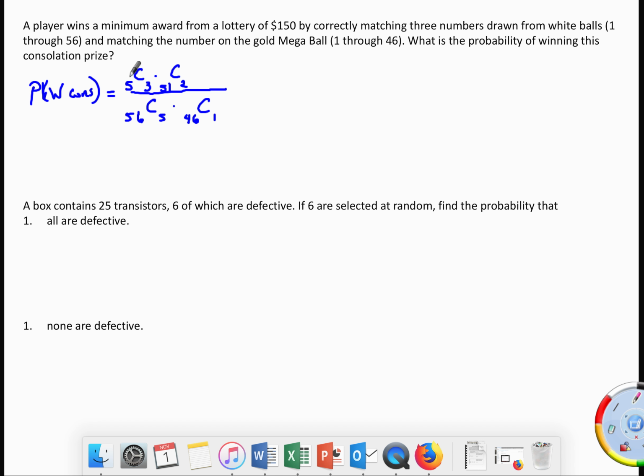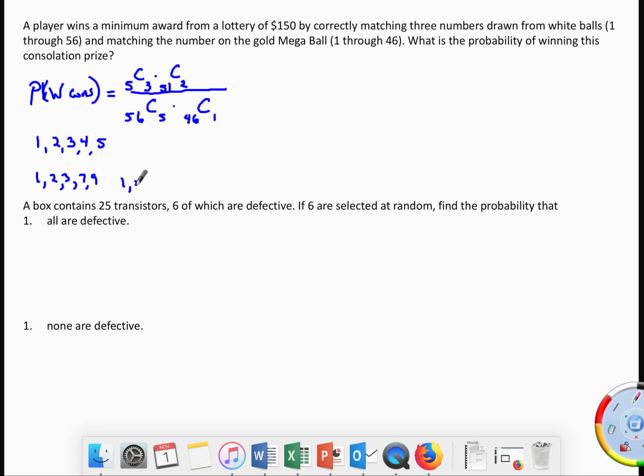Okay? Now, that's the number of ways you got the white balls. And think about this. Let's say 1, 2, 3, 4, 5 was the winning numbers, just to make it easy. That's the 5 winning numbers, right? And you had 1, 2, and 3. But you could have had 1, 2, 3, 7, and 9 for your tickets.